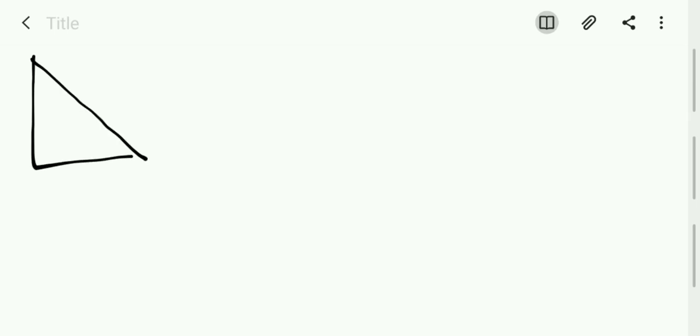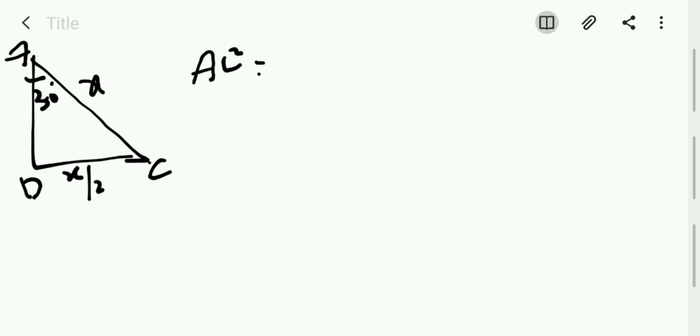Now this is a right triangle, this is 30 degree, and this is X. Let me just name it first, A, C and D, and this is X by 2. Now what is AD? You need to just apply the Pythagoras theorem for that, right? So AC square is equal to AD square plus DC square.